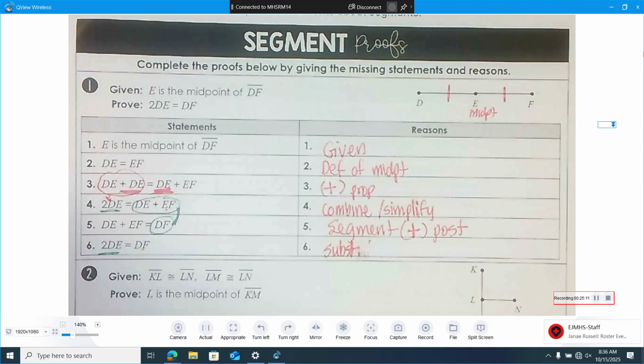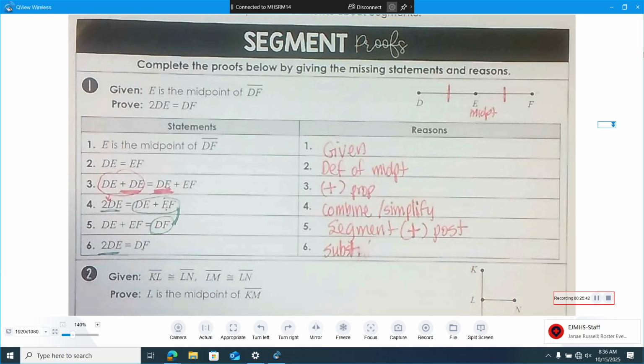Couldn't you just jump to step 6? You can't just jump, and that's the whole problem with proofs. You have to have a logical reason for every single step. If you can't explain it in one reason, then you can't do it in one step. You have to lay out all the little details, and that's what makes these proofs challenging.